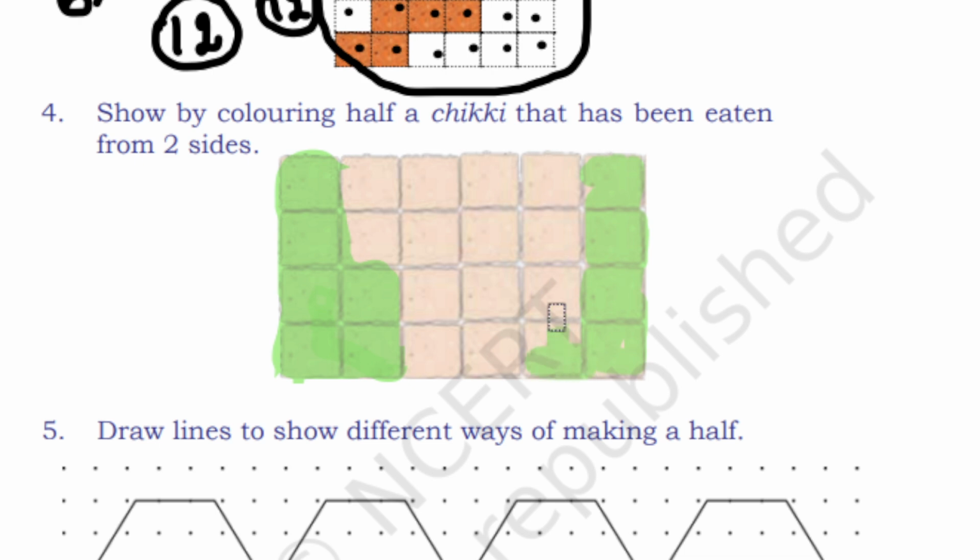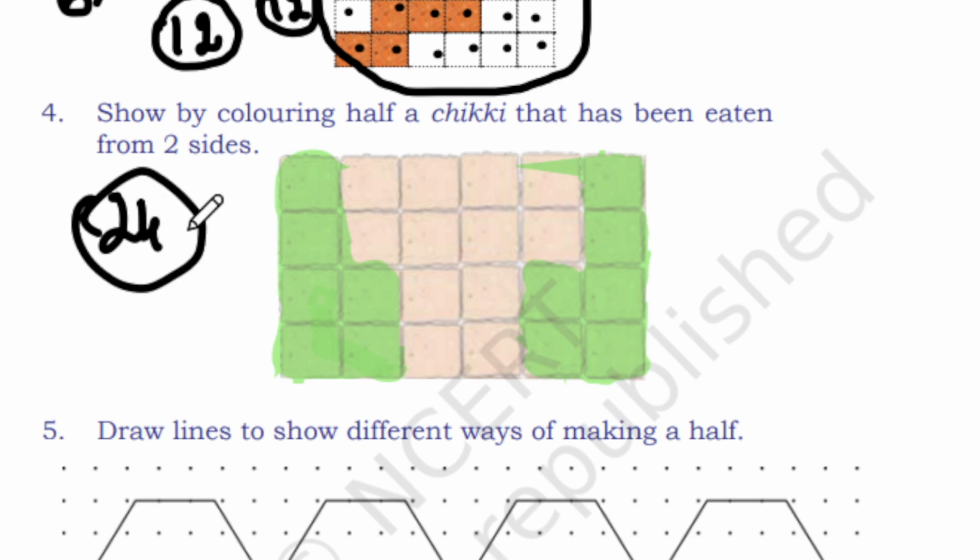Okay, so do it very neatly, students. Okay, so now we have completed. What we have done is, on the right hand side and on the left hand side, we have taken two halves equally. Let's count and see whether we have done it correctly. So totally we have 24. The whole is 24.